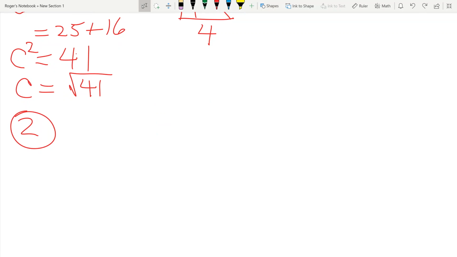Okay, in example number 2, we're going to have a right triangle that looks like the following. There's our 90-degree angle there. And let us put some lengths on here.